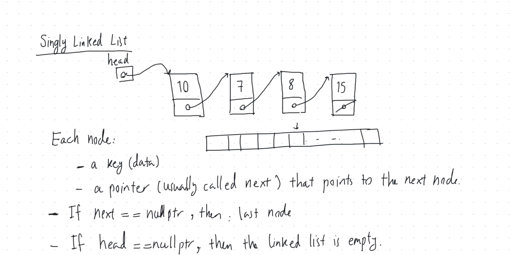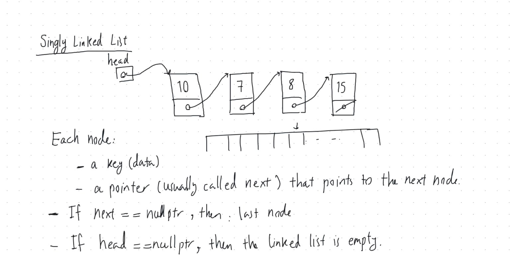We can do the math, if you remember, with the address of the beginning and the size of each element, and we immediately find the address of here, and then we can directly go here and access that in constant time. But that is not the case for a linked list.